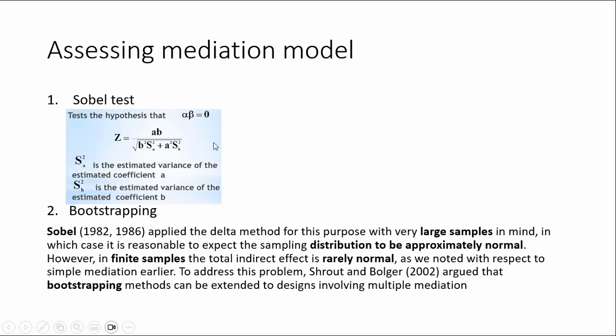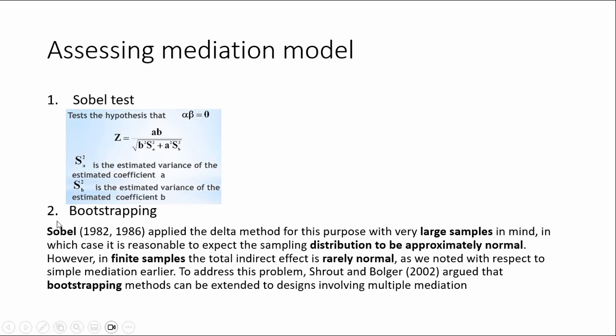And we compare with the critical value in the t table. When the Z is larger than the critical value, the indirect effect is significant. But if the Z is less than the critical value, the indirect effect is non-significant.